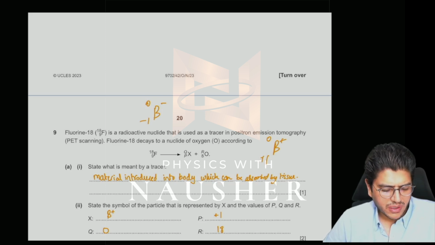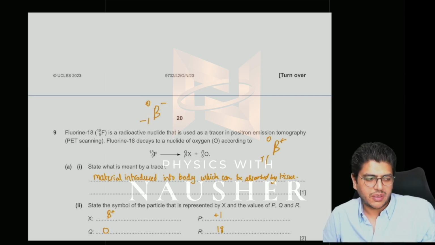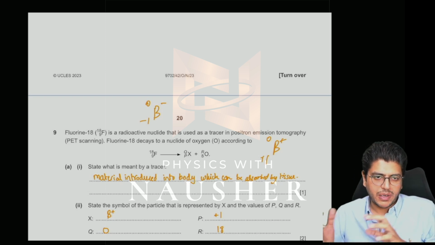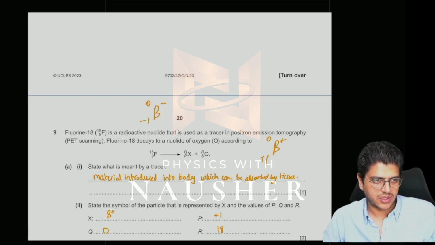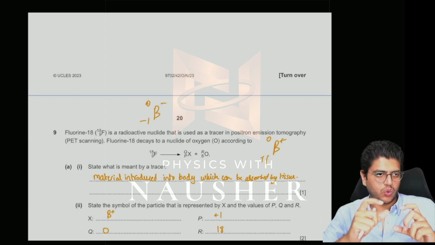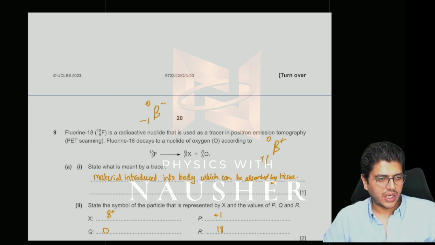Now, what is meant by tracer? It is the material that is introduced or injected into the body, which can be absorbed by a tissue, and it is unique for every tissue. So depending on the type of tissue, the tracer has to be changed. And this tracer is the thing that carries the radioactive molecule, which goes and binds itself to the tissue that is being explored.